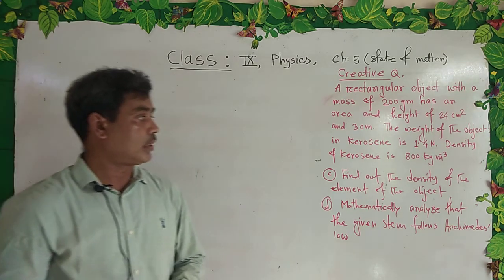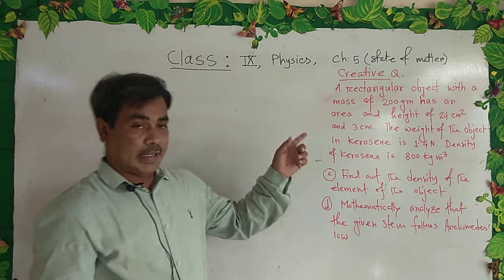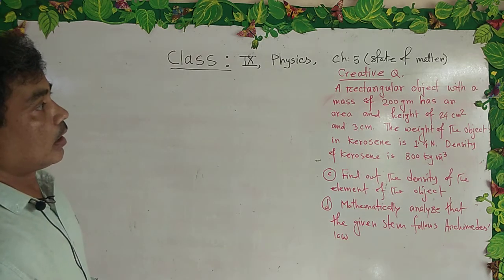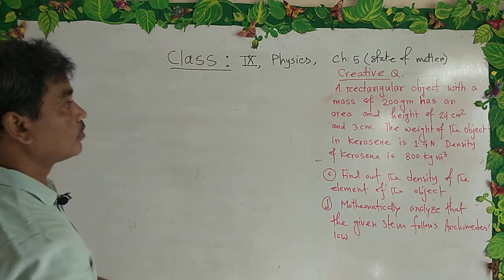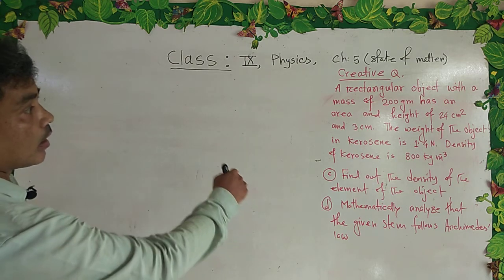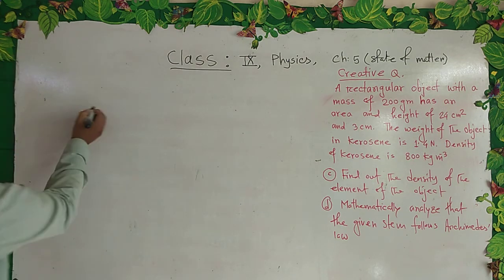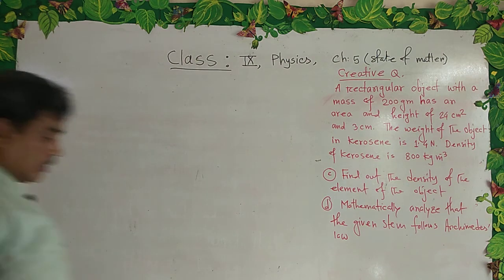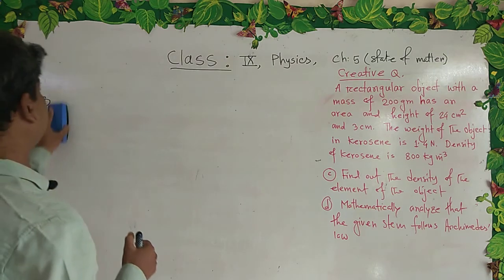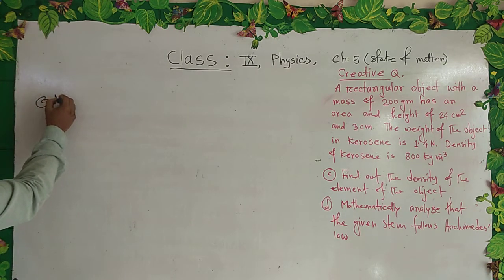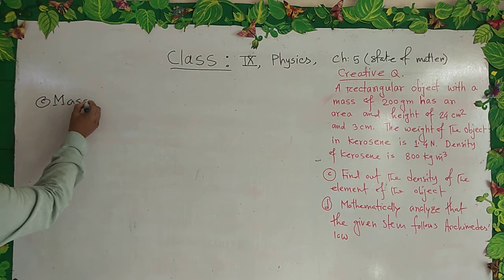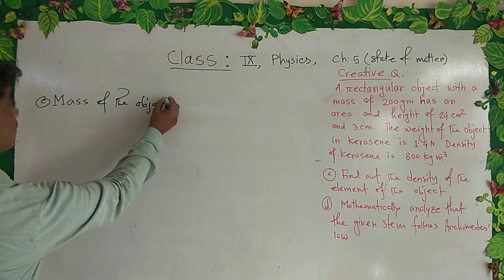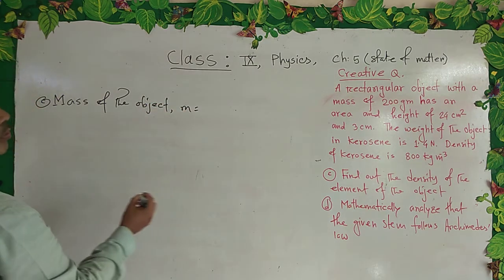At first, find out the density of the element of the object. We should write the information given on the board. Question C, mass of the object, M equal to 200 gram.